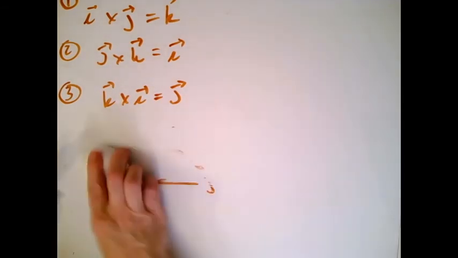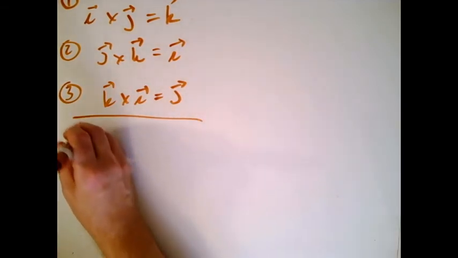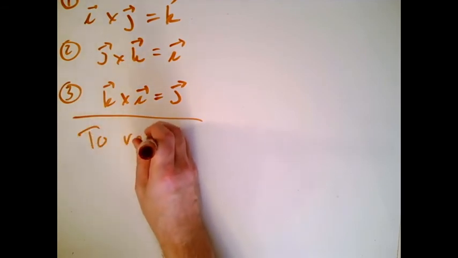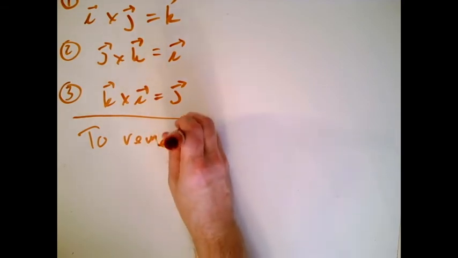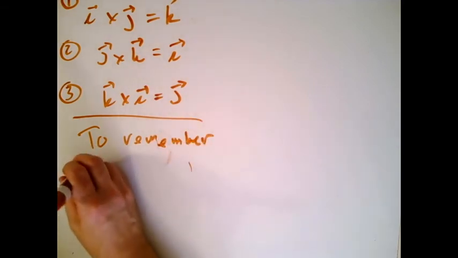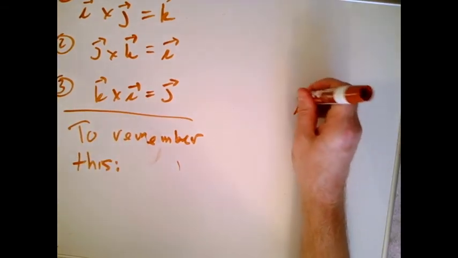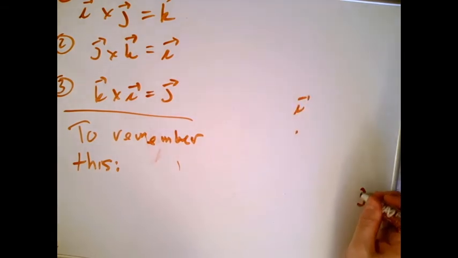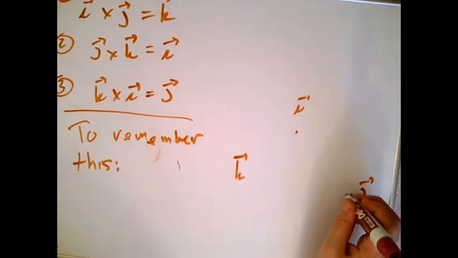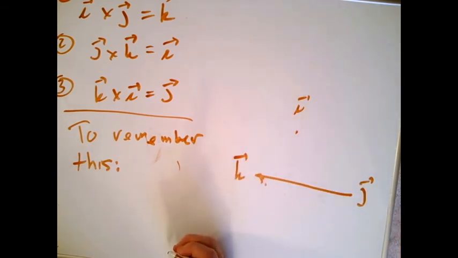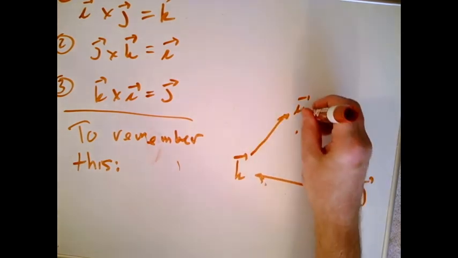If we draw this bigger so we can actually read it, to remember, what we're going to do is just put a symbol for vector I up there, a symbol for vector J there, a symbol for vector K there, and just draw an arrow from J to K, an arrow from K to I, and an arrow from I to J.